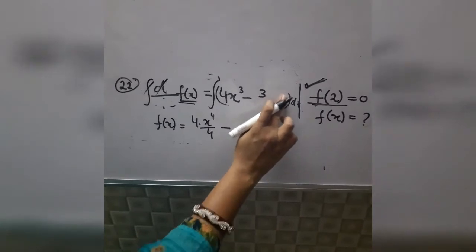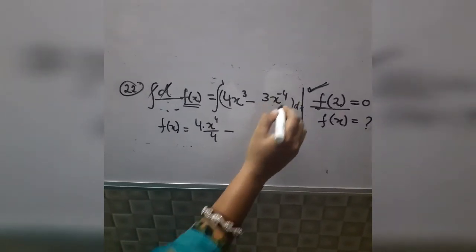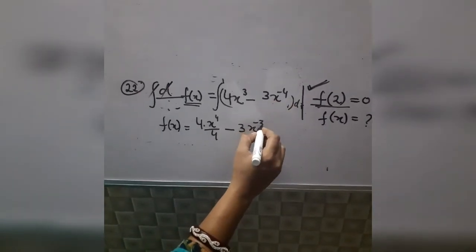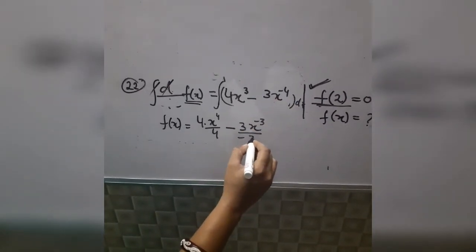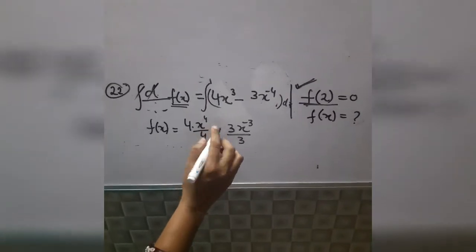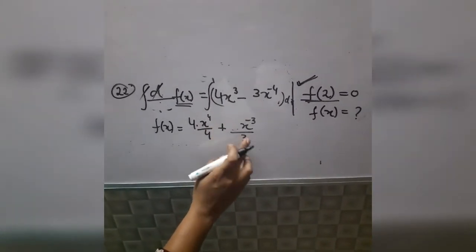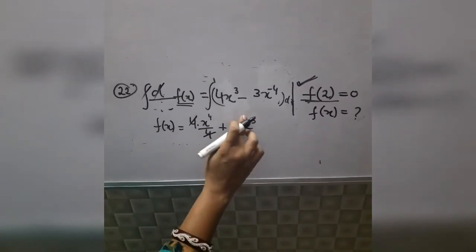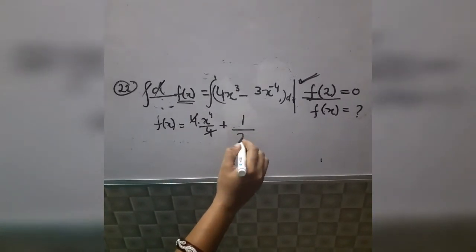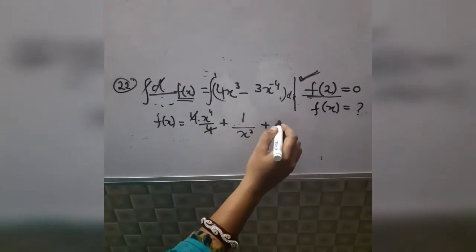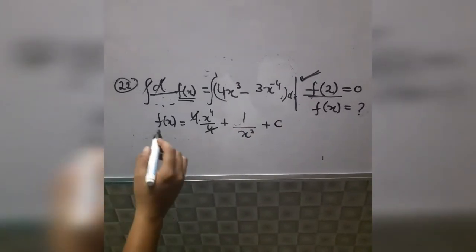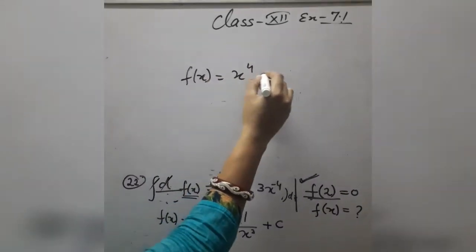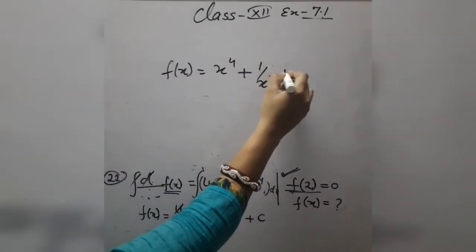When you shift this to the numerator, it becomes x raised to power minus 4, and x raised to power minus 4 plus 1 becomes x raised to power minus 3. You will divide it by minus 3. Minus minus becomes plus. 3 is cancelled with 3, 4 is also cancelled with 4. This x raised to power minus 3 can be written as 1 by x raised to power 3, plus integration constant c. Now fx is equal to x raised to power 4 plus 1 by x cube plus c.